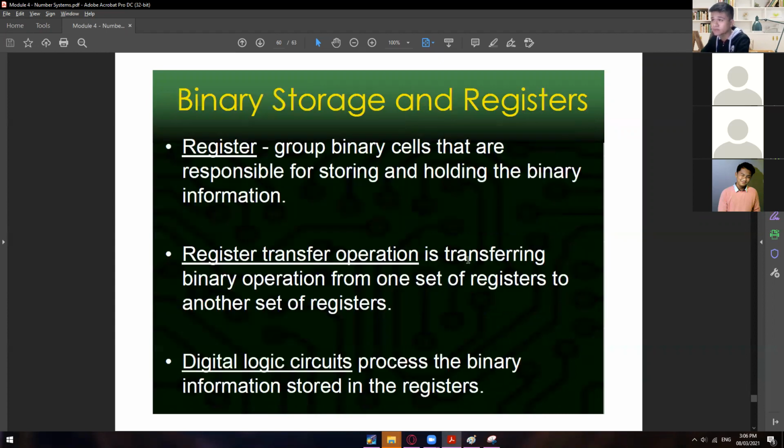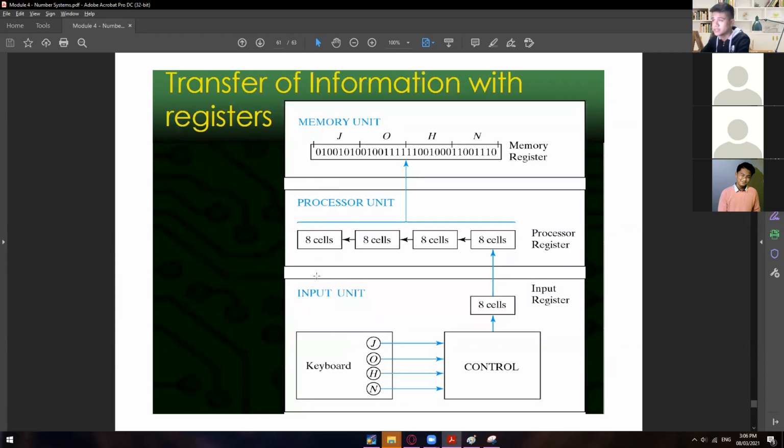It's quite fun. And we have here some of the meanings of the binary storage and registers, wherein we have the register transfer operation, digital logic circuits, and here's the sample transfer of information with registers, wherein of course initially you're only pressing J, O, H, N, and then it will be passed through our arithmetic logic unit, or the control.